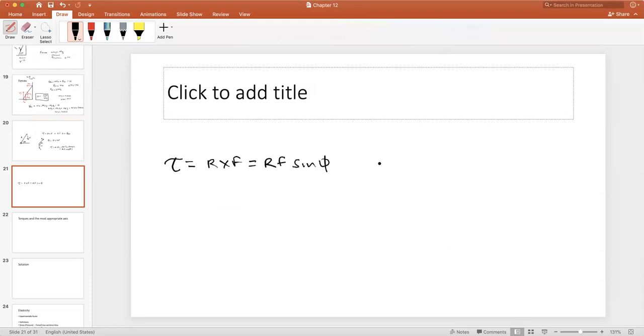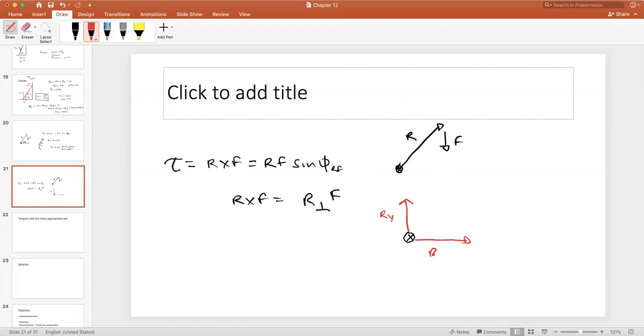But a better way to say this is that R cross F is equal to the perpendicular part of R to F. So back when we have this R, our axis of rotation, and F, we know that from this axis of rotation we have two vectors, Ry and Rx.